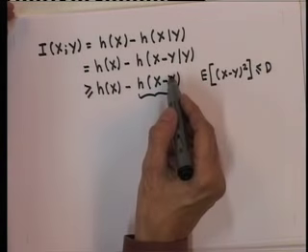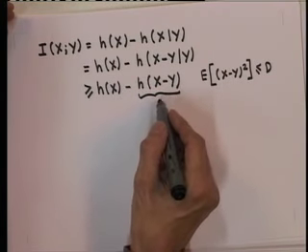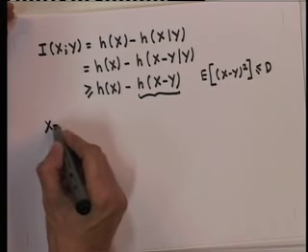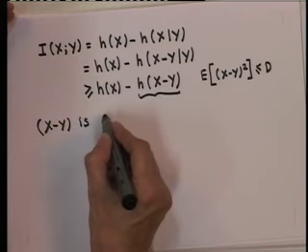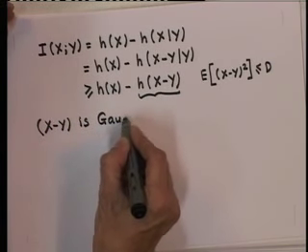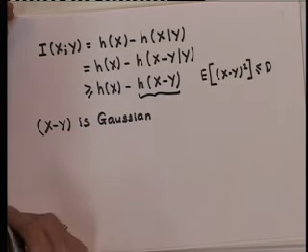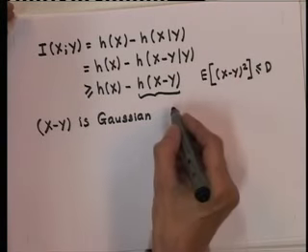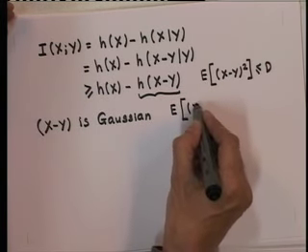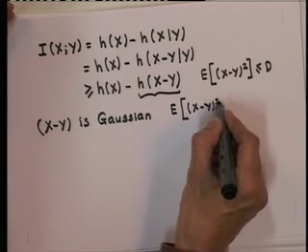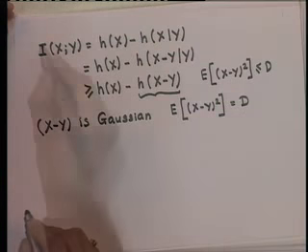Now, the second term is maximized if x minus y is Gaussian based on our earlier study, and the constraint can be satisfied if expectation of x minus y squared is equal to d.